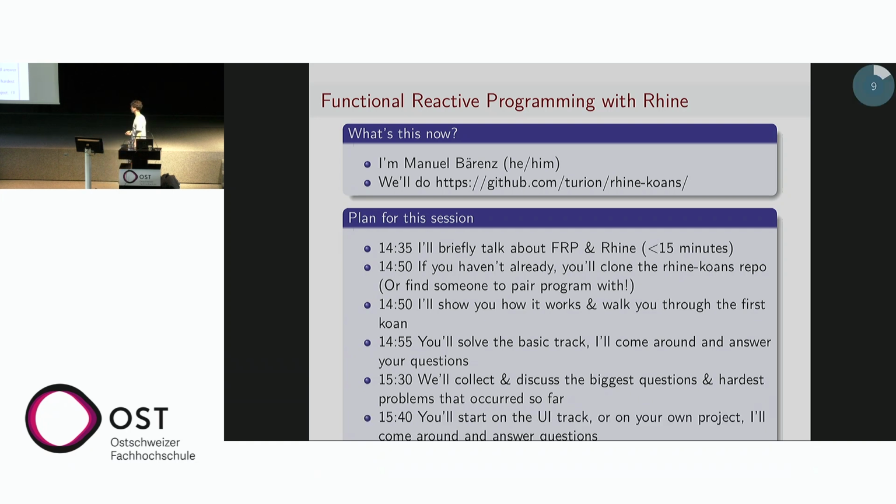And then there's an advanced track, or actually a UI track, where you can do something with Gloss. Who has ever worked with the library Gloss before? So a few people. It's a minority, though. You can do 2D vector graphics in a very simple and declarative way. And then we can try and write a little snake clone.